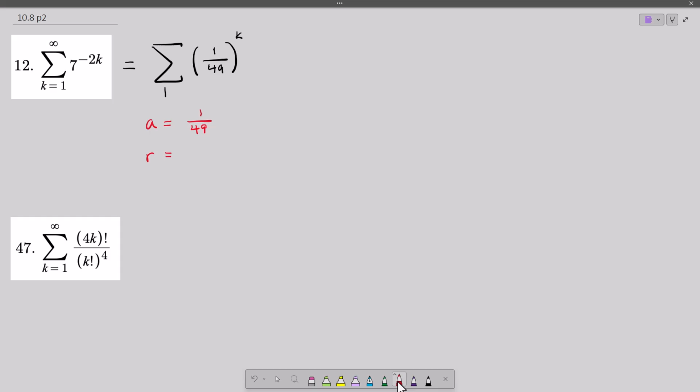Now the r value is usually the one that takes less brain power because it's whatever the k is on. It's whatever's in the parentheses. So that one is also 1/49. Those are our two pieces for a geometric series, a and r. And we know that the sum of a geometric series is a divided by 1 minus r.